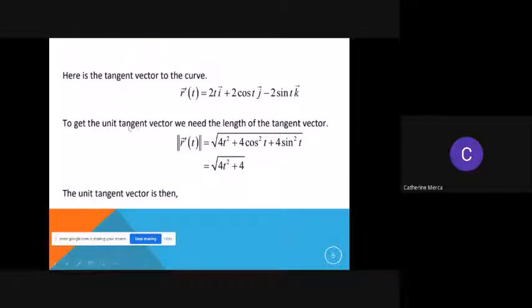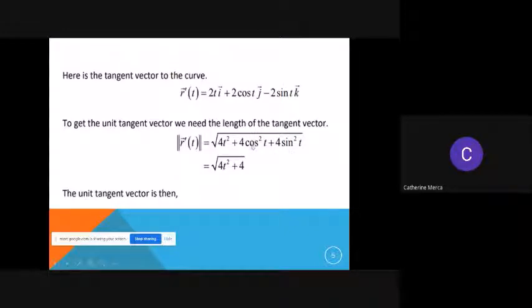Then how to get the unit tangent vector? You simply take the magnitude. Panuling magnitude, you will have square root of, kung ano to, squared, squared din ito, then plus squared din ito. So you'll have 4t squared, then you square that becomes 4 cosine squared t, and when you square that, it becomes 4 sine squared t.